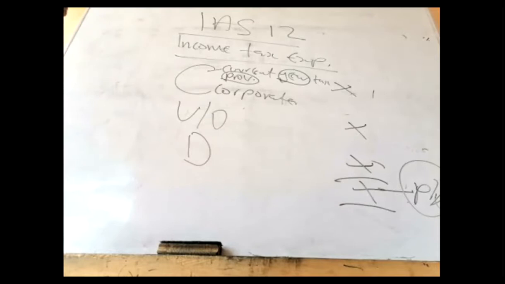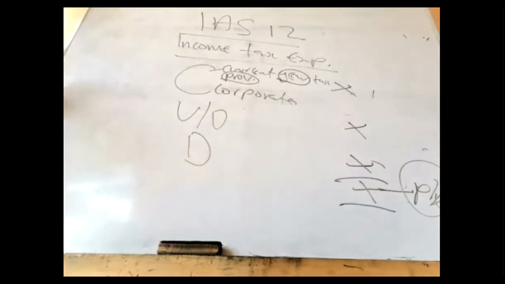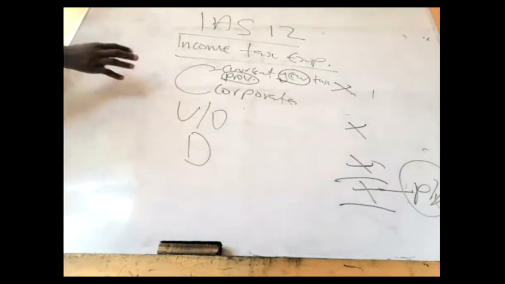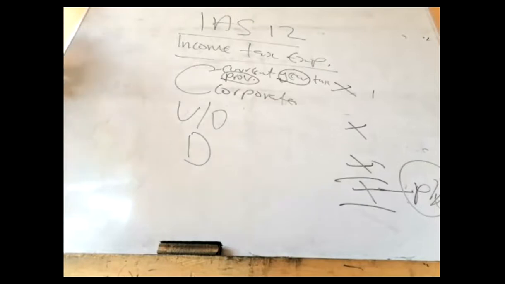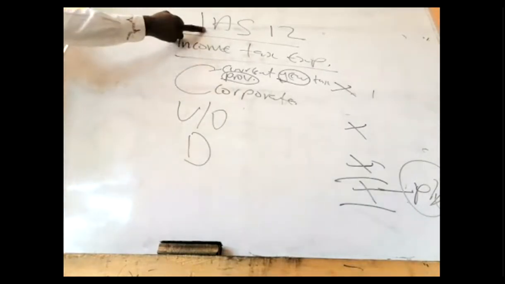So now everybody's waiting for his friend. It means that we have to just key in a provisional figure, just an estimate for now, so that after they have scanned through, they will tell us the right tax. And that provision must be in line with IAS 12.